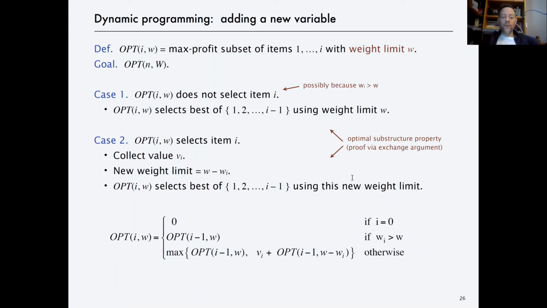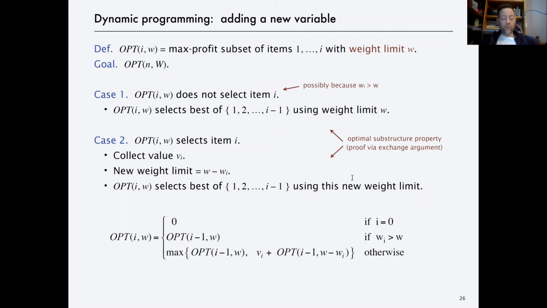So to solve the knapsack problem, we have a 2-dimensional dynamic programming problem where the 2 dimensions are the index I and the remaining weight W. So here, what this means is the maximum profit subset of items 1 to I, where the weight is at most W. And the goal here is to compute optimum of N and W. So N is the number of items and W is the total capacity of the knapsack.